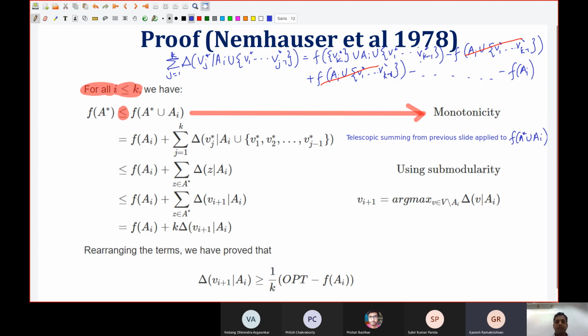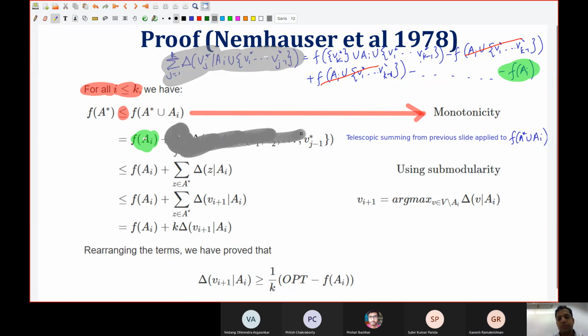And therefore, if you bring this minus f of A_i to the left hand side, you can get f of A_i here. So in summary, this term plus this green term brought to the left hand side is f of A star.